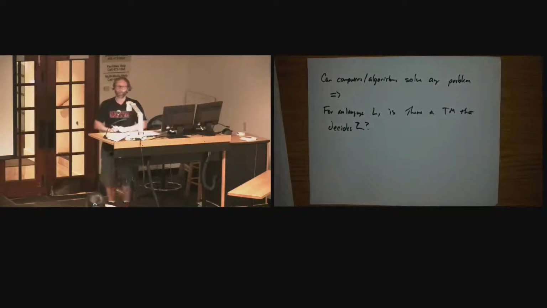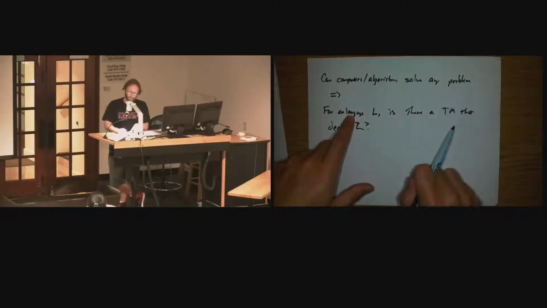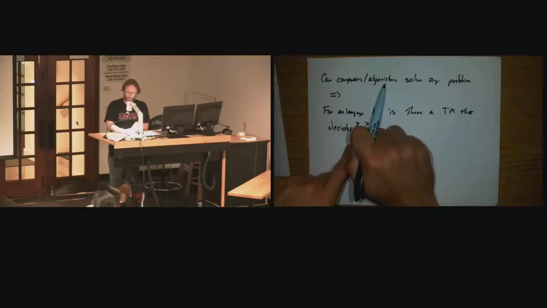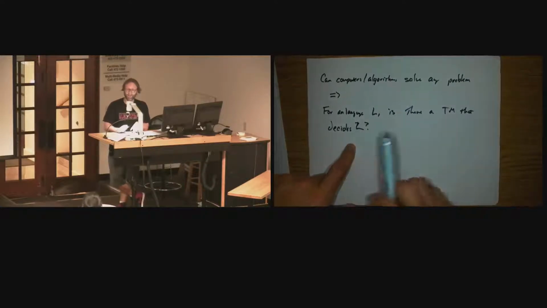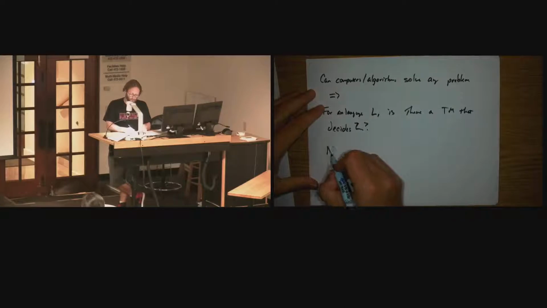I've translated the problem now to something that we can mathematically reason about. And remember, a language is a problem, a Turing machine is a computer or an algorithm, and solving means decide. And the answer is a big, huge no.